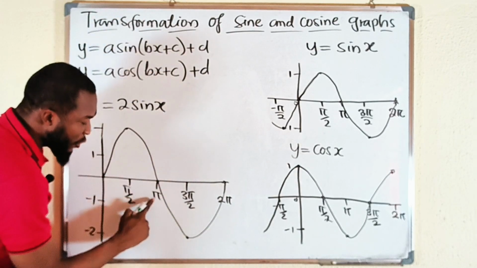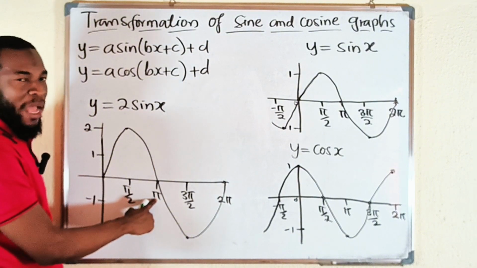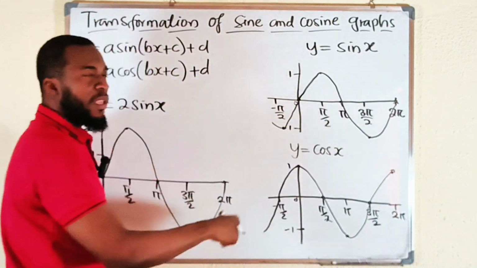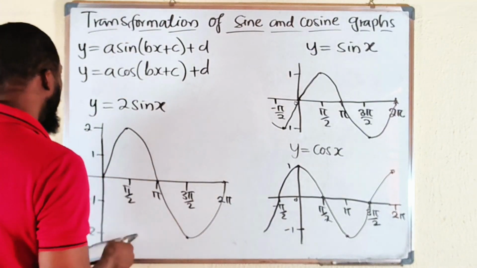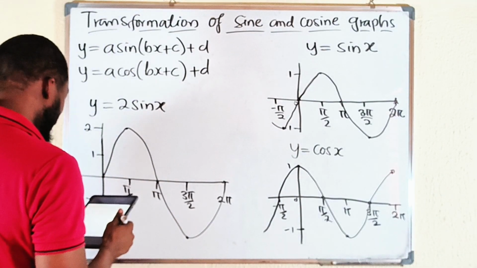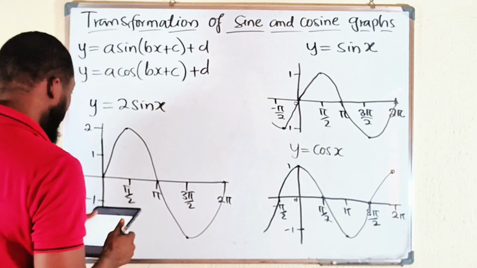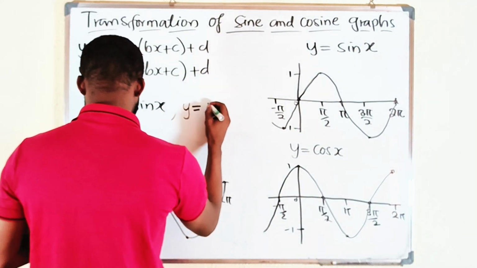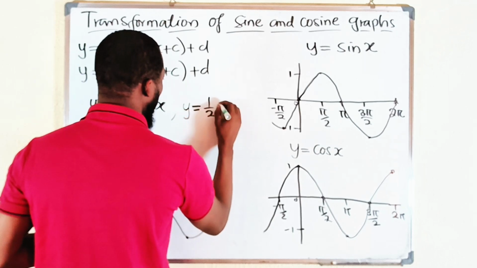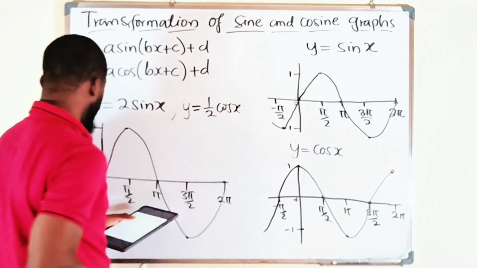I may have my period just at pi, and the graph will be bigger than this one. It depends on the number of units I have taken. All right, this is the first problem. Then the second problem here is y equals 1 over 2 cosine x.